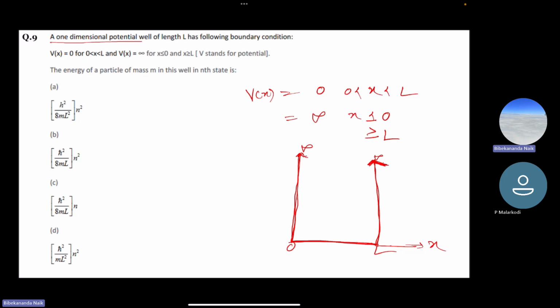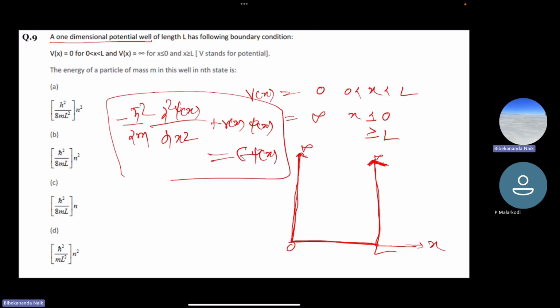Basically in quantum mechanics we solve Schrodinger's wave equation for this particular case. According to the Schrodinger wave equation, the equation is minus h cross square by 2m d square psi(x) by dx square plus V(x) psi(x) equals E psi(x).